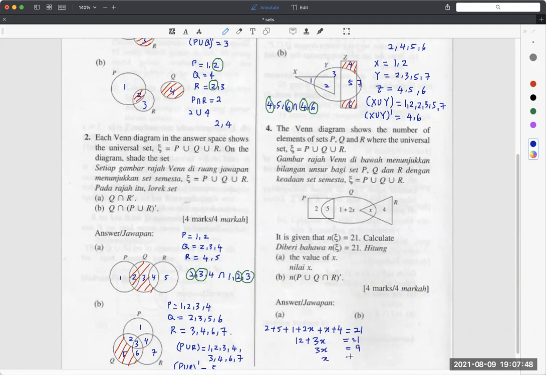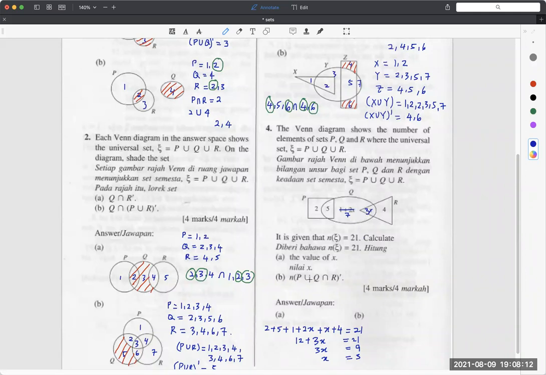X equals to 3. So in other words, sini ni dah jadi 1 plus 2x. 1 plus 2x is 1 plus 6. So this is 7. X ini is 3. Okay. So we have put in the values.